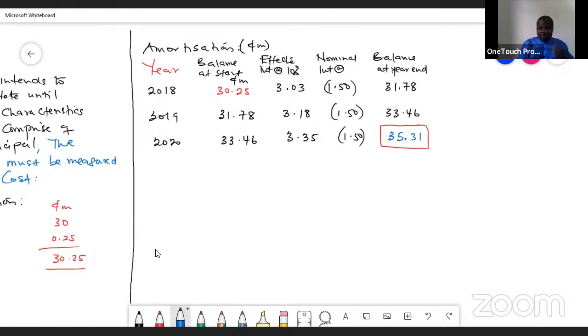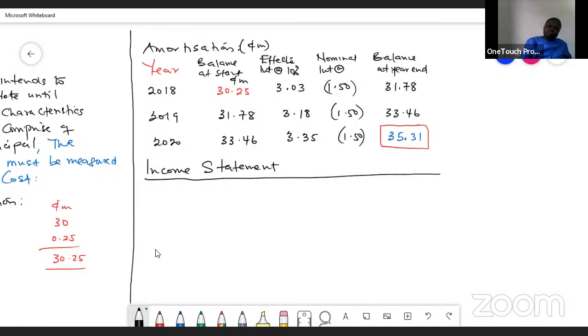So it's just a matter of copying it for them. So we have income statements. Interest income.